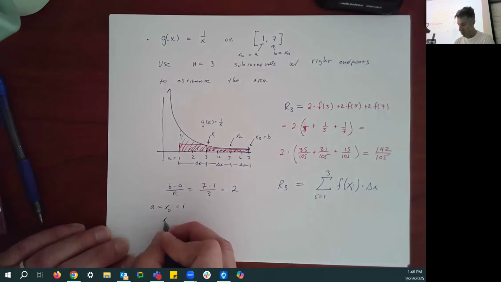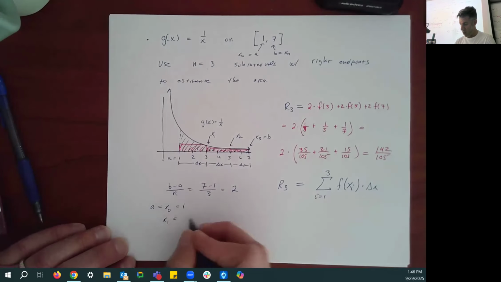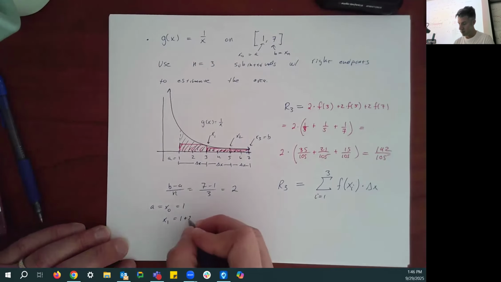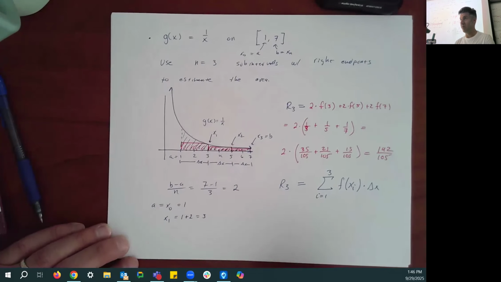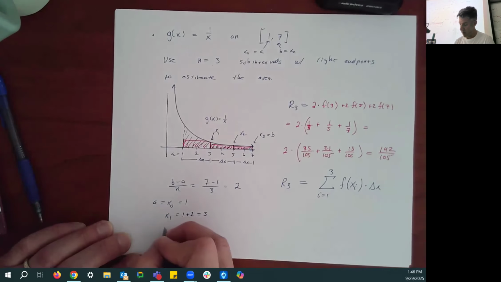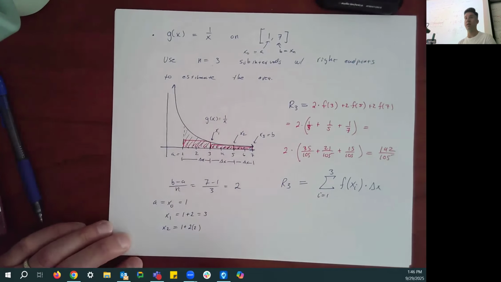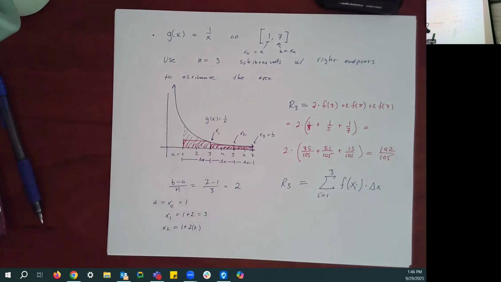Then our x sub 1 is going to be 1 plus 1 delta x. I know you already know these numbers. I'm writing them down this way on purpose. Our x sub 2 is going to be 1 plus 2 plus another 2. I'm adding 2 subintervals to get to the right endpoint that's 2 subintervals away.